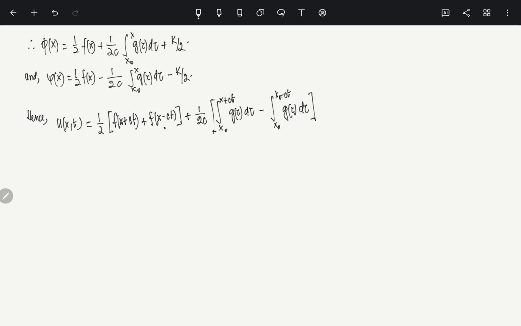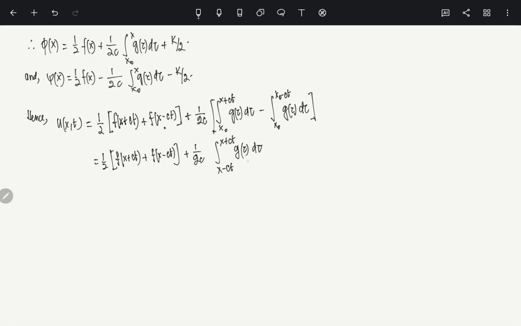So this is what you are going to get. That equals half times f of x plus ct plus f of x minus ct, plus, putting this together, the integral from x minus ct to x plus ct of g of tau d tau. So this is this equation.